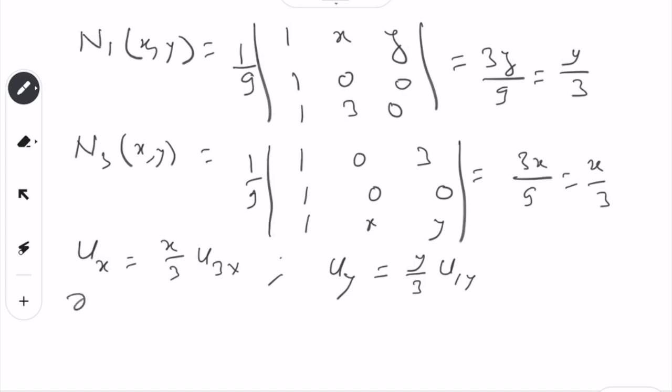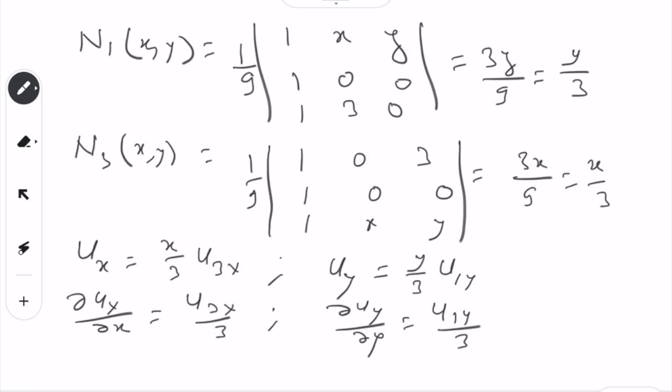So del ux over del x you will get u3x over 3, and del uy over del y you will get u1y over 3, and all other things will be 0. There is no y here, so del ux over del y will be 0. So del ux over del y equal to del uy over del x equal to 0.